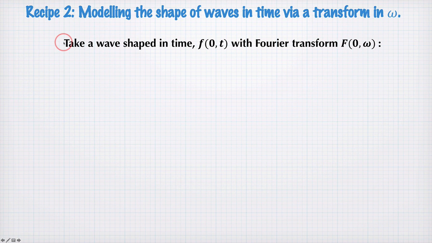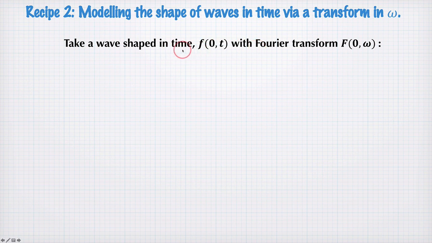So we're going to start with a wave that has some function of time. We'll start it off at x equal to 0, and we want to propagate this wave to some new position in space x where, for example, our microphone might be sitting.